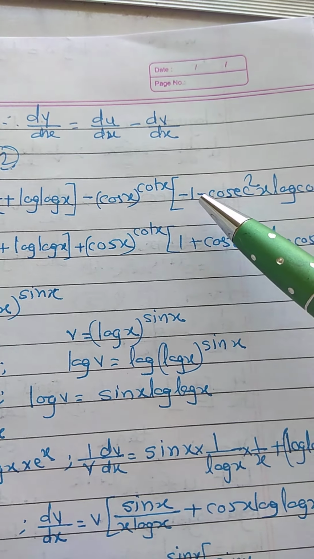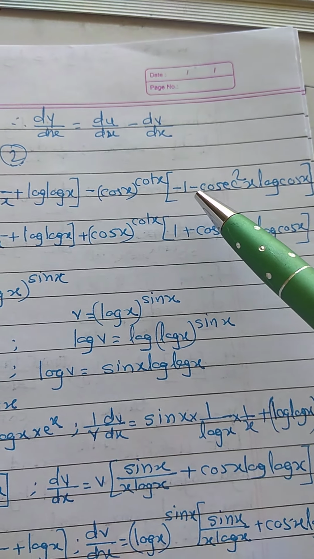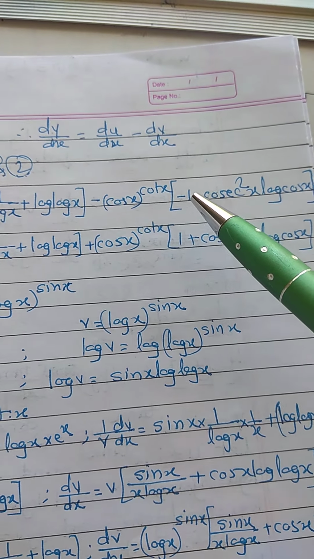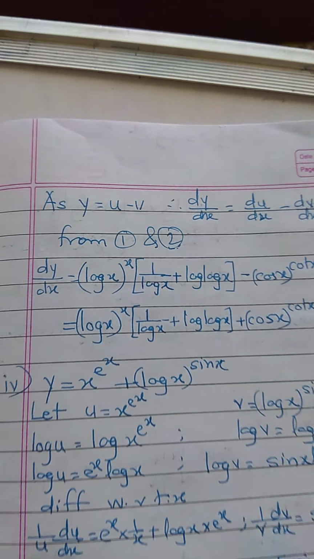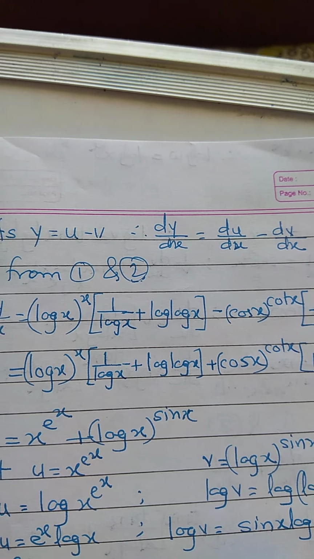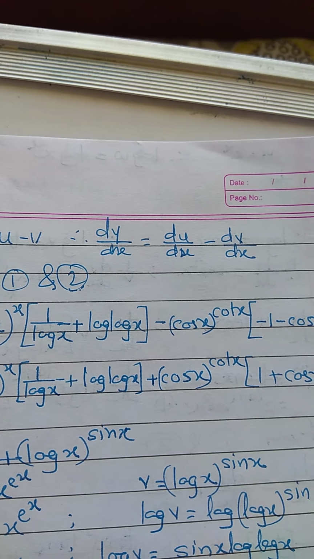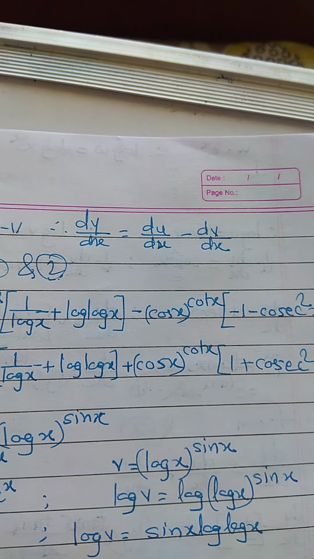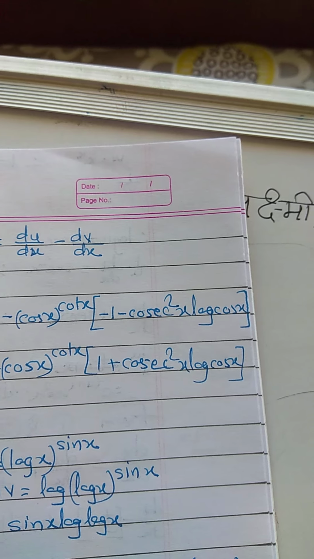This minus sign we can take out and it will become 1 plus cosec square x log of cos x. This minus sign which we have taken out and this minus sign will become plus. Hence the answer: log of x raised to x in bracket 1 upon log x plus log of x, plus cos x raised to cot x in bracket 1 plus cosec square x log of cos x.